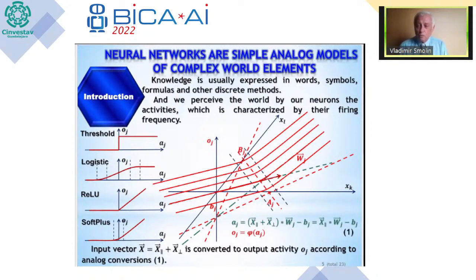Of course you know that real neurons are firing, but still we think that the main parameter of a neuron is activity, the frequency of firing. And all the mainstream deep learning models also work with formal neurons that are not firing. They are just models of some activity, some analog machine.